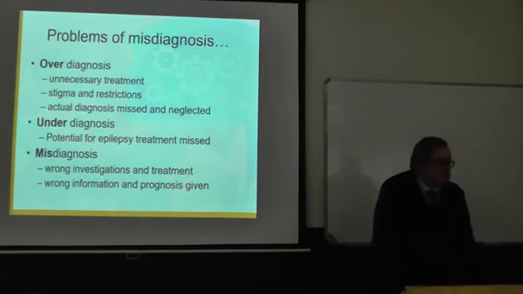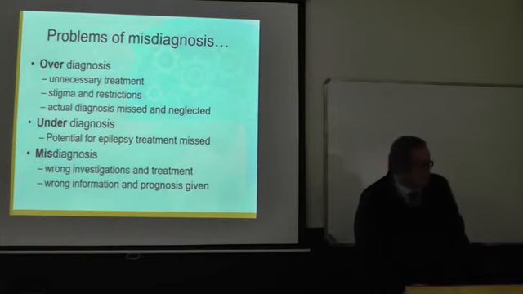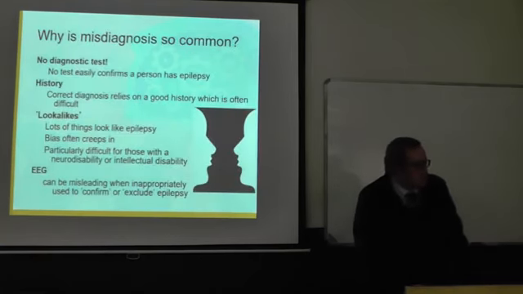So the risks of overdiagnosis include unnecessary treatment, stigma and restrictions. The actual diagnosis is missed and neglected. Underdiagnosis may mean that you actually miss potential, and misdiagnosis may mean wrong investigations and treatment and prognosis.